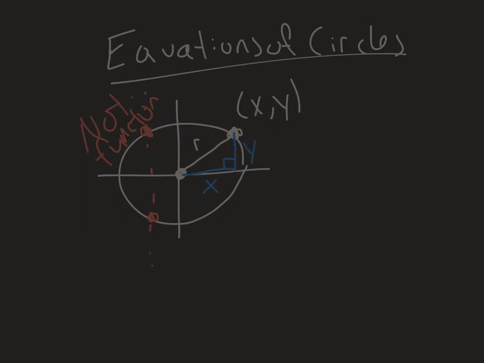So I can make an equation relating x, y, and r just using the Pythagorean theorem. Since r is the hypotenuse, r squared has to equal x squared plus y squared, since both of these are legs of the right triangle. So that's the equation of a circle that's centered at the origin. This is the radius, and then x and y are just x and y.